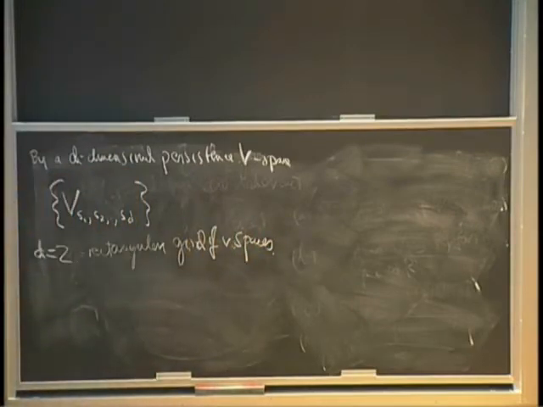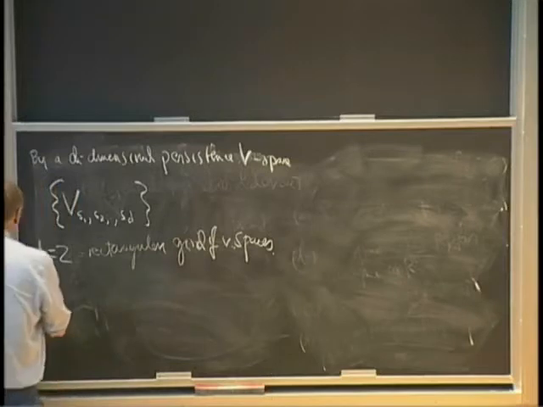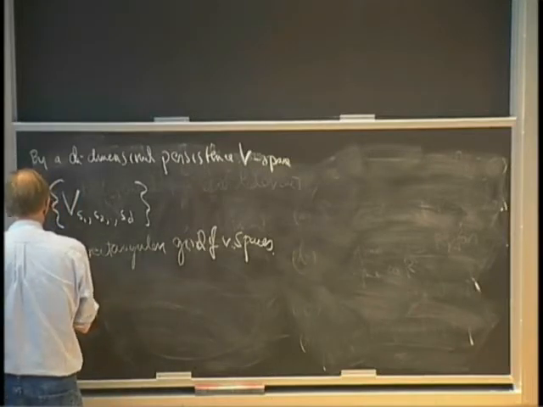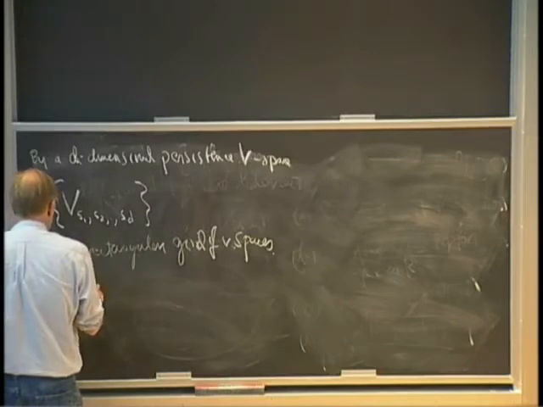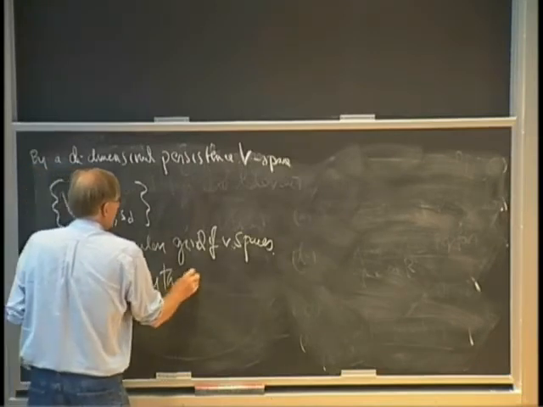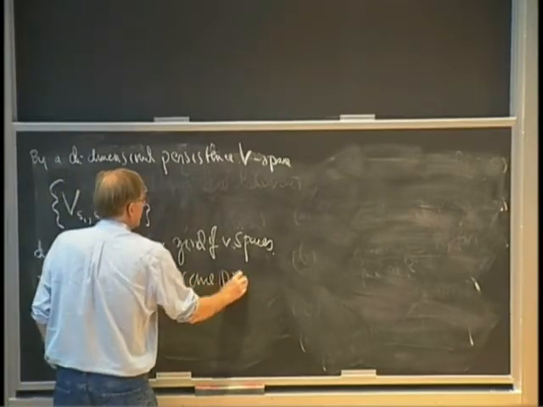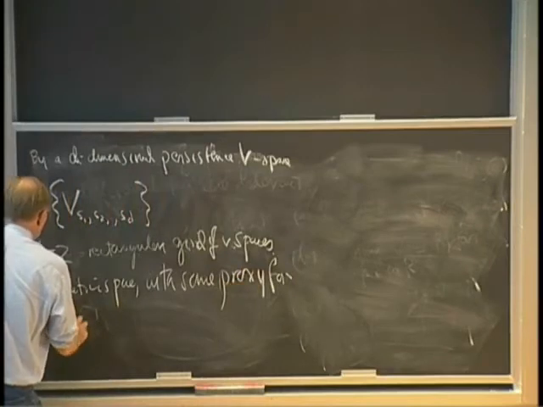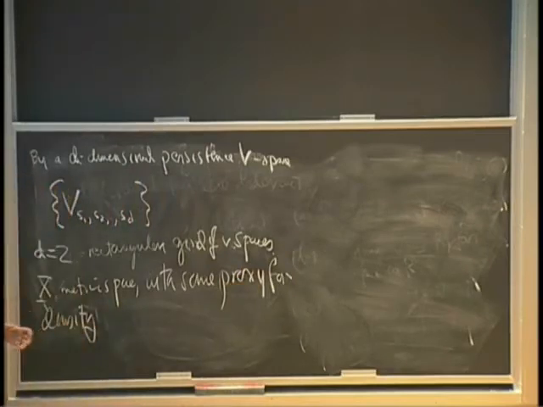And so if I do the following now, let's say we have a data set, so X is a metric space with some density estimator or some proxy for density. So I have that density function on there, and I have the scale.